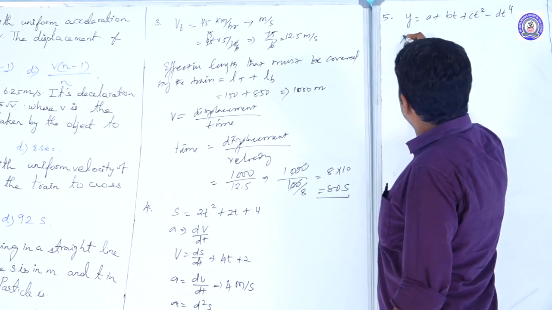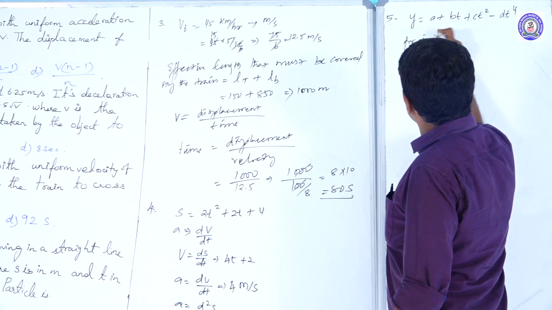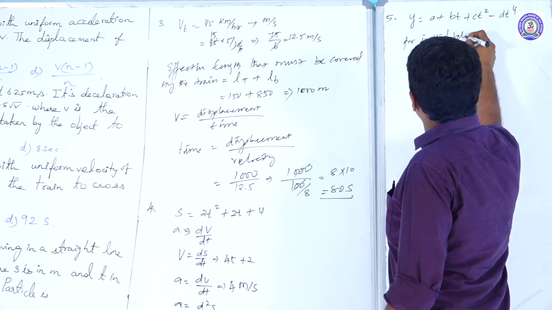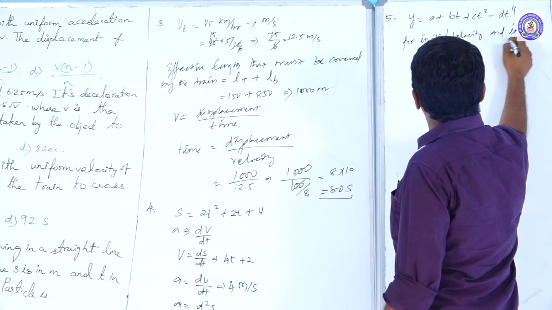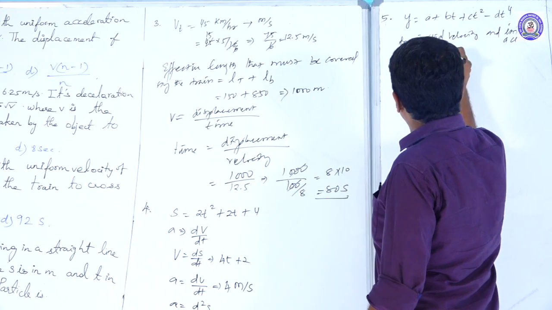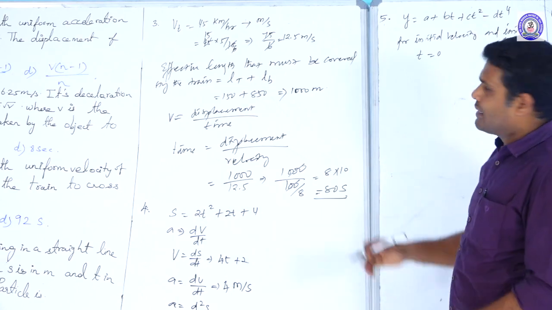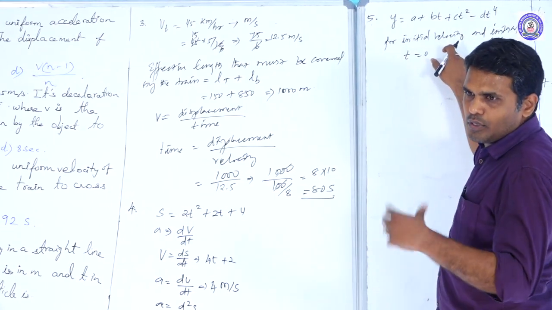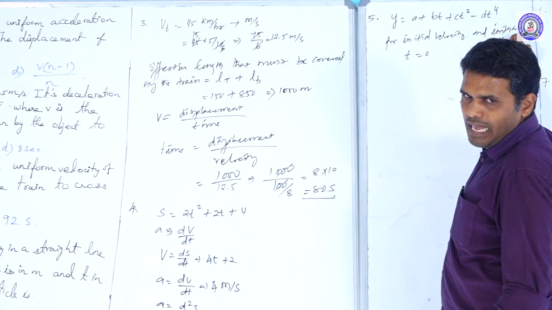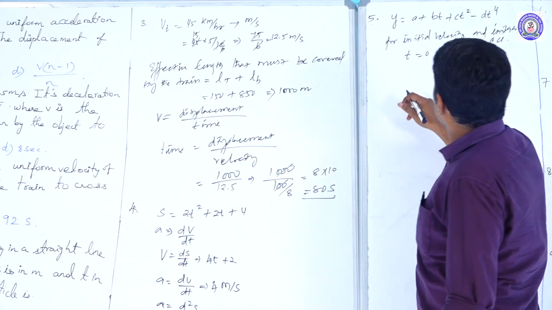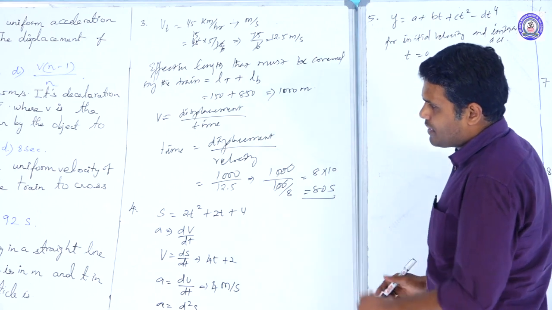For both conditions, we have to consider the time t as 0, because we are speaking about the start of motion. At time t equals 0, the velocity possessed by the body is the initial velocity. At time t equals 0, the acceleration possessed by the body is the initial acceleration. So they are asking you to calculate the initial velocity and initial acceleration possessed by the body.